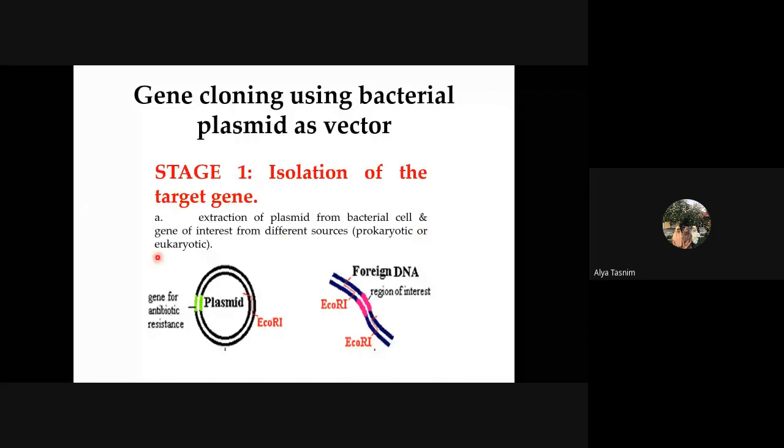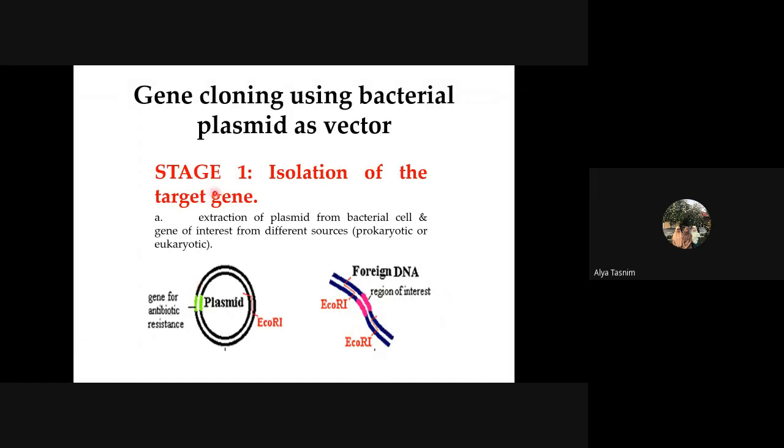So you have to extract out the plasmid from bacterial cell, foreign DNA from another species that contains the gene of interest. Okay, region of interest, gene of interest that can produce certain protein products, such as, for example, certain enzyme or hormones. Okay, so that is the first step that you have to do.